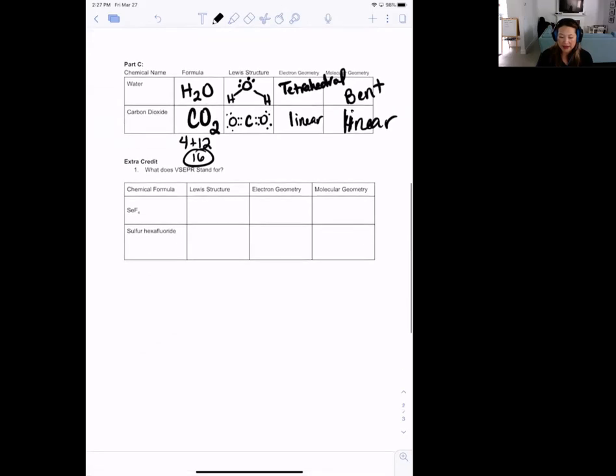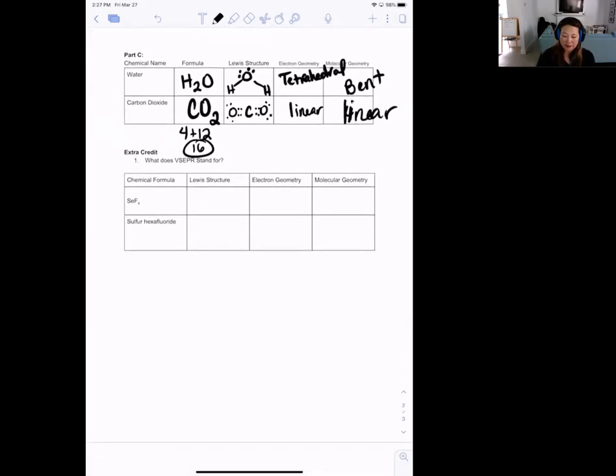Okay, so now we got an extra credit section. For this one, we're going to look at the number of electrons that we have available. Selenium is in column, I actually have to look it up. I forgot. One second. Oh, column 6, so 6 valence electrons.